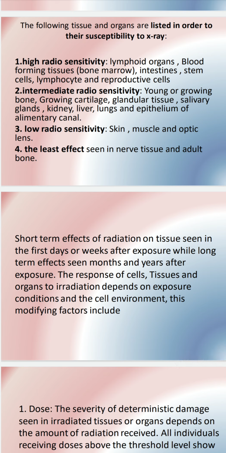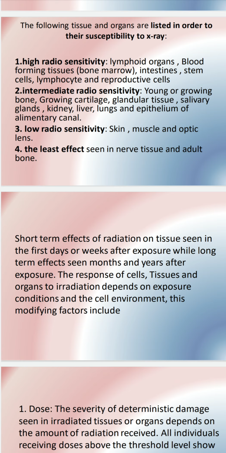Short-term effects of radiation on tissue are seen in the first day or weeks after exposure, while long-term effects are seen months and years after exposure. The response of cells, tissue, and organs to irradiation depends on exposure conditions and the cell environment.